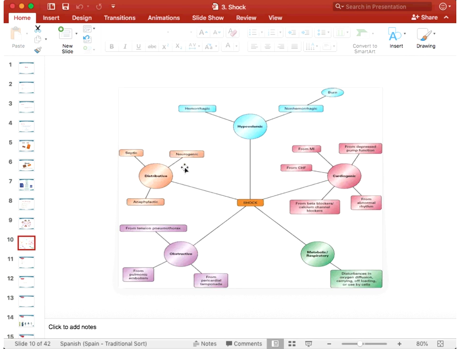So we lose every sympathetic output in the spine. These patients are not able to keep up their blood pressure because they don't have any vascular tone, because of the loss of the sympathetic output.